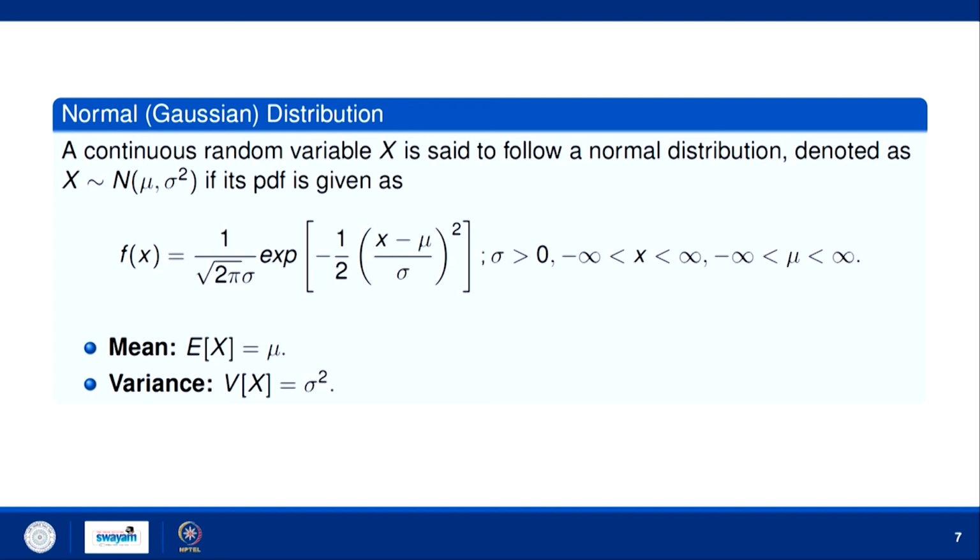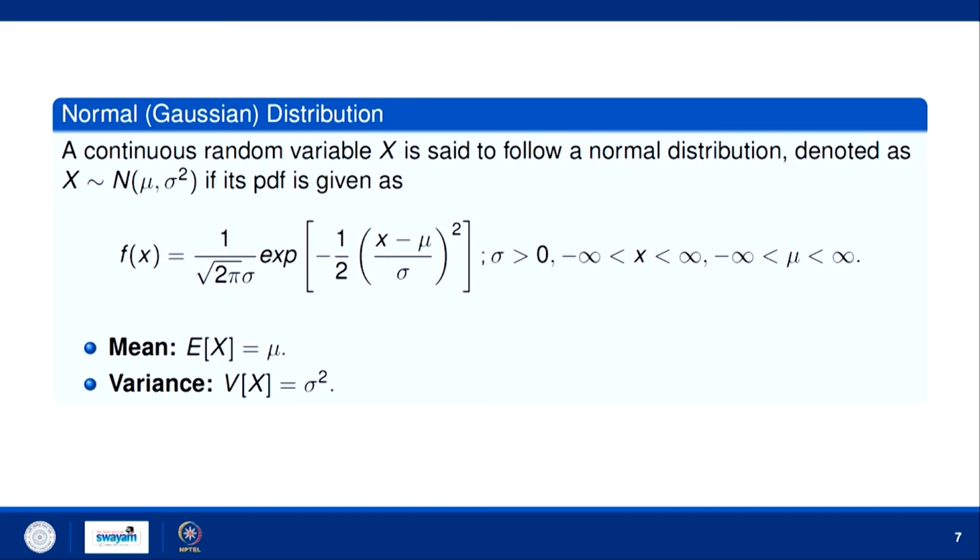So, its mean is mu and variance is sigma square. Basically there are 2 parameters for this distribution. Here mu is nothing but the mean, and sigma is nothing but the standard deviation of this distribution.